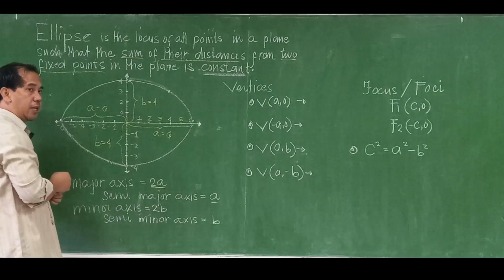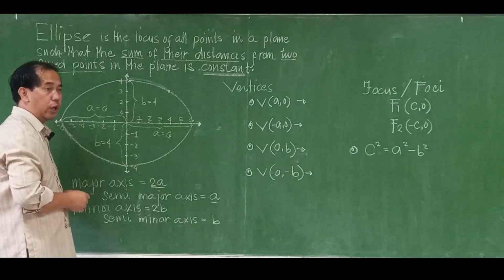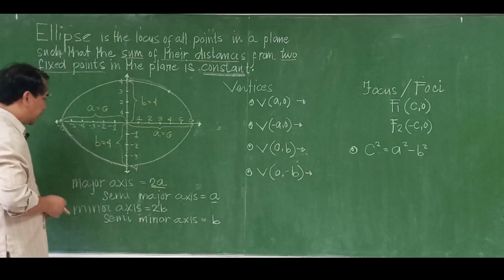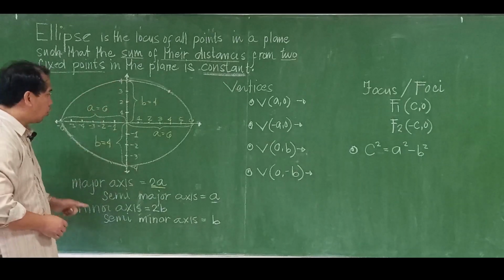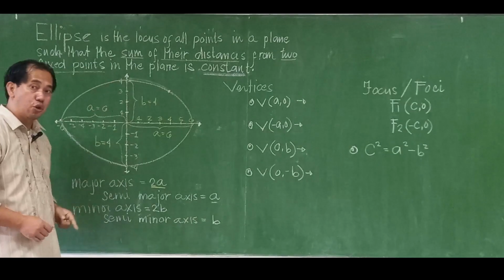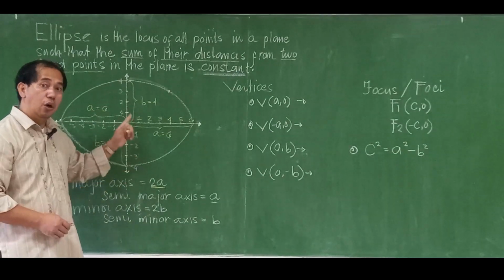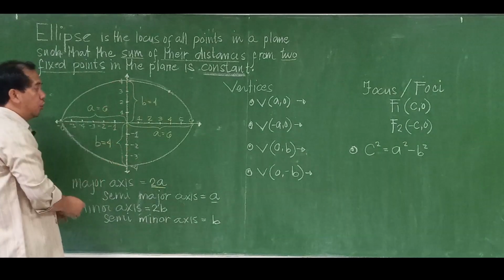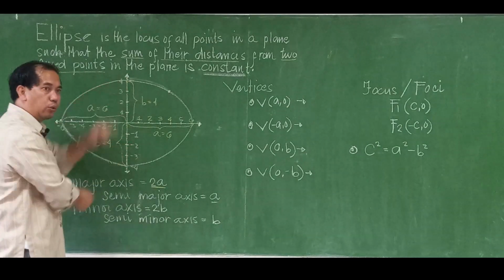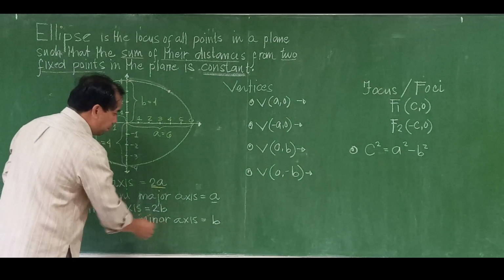Another one is the minor axis. Our minor axis is the shortest axis of the ellipse. The measure of our minor axis is actually 2b.